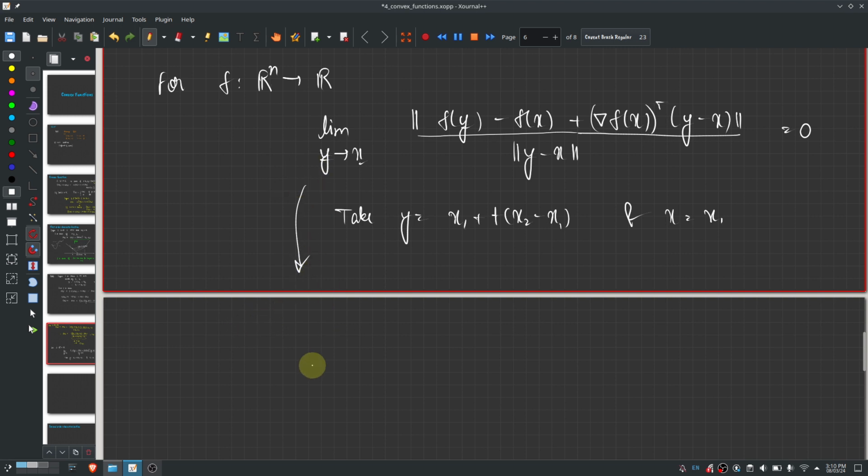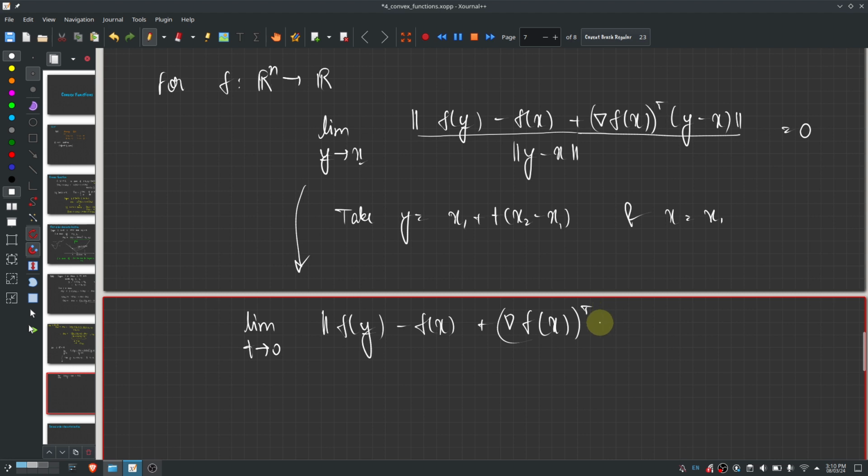Then this would simply be the limit as t tends to 0, because as t tends to 0, y tends to x, of f of y minus f of x plus gradient of f transpose.